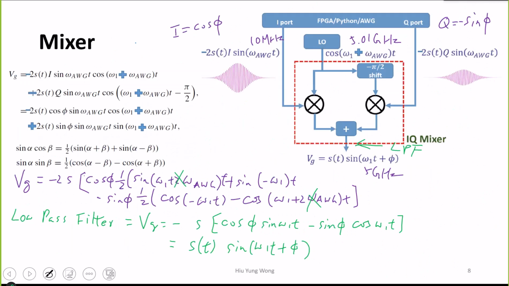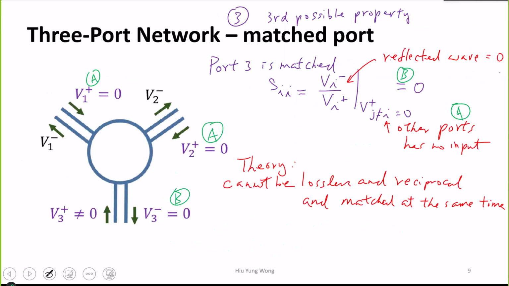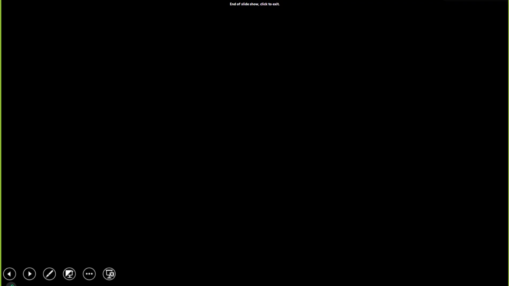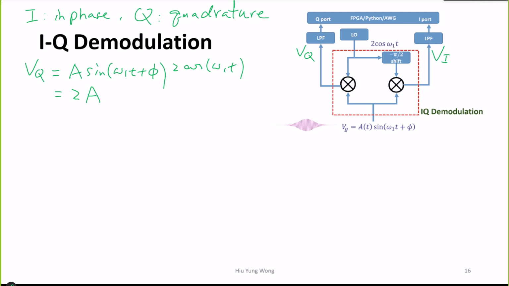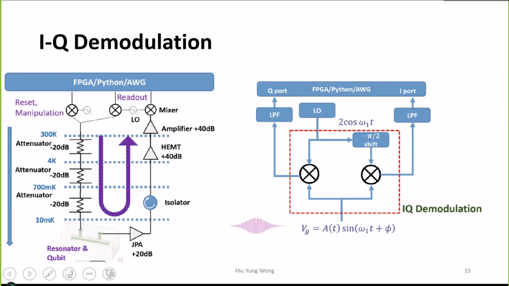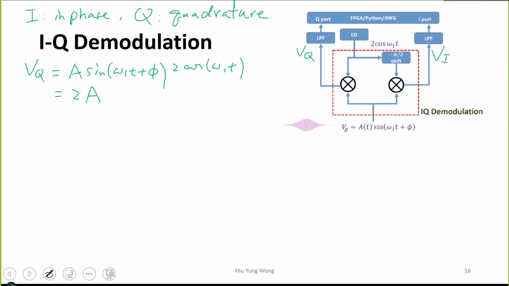Sine times cosine is half sine sum plus sine difference, right? Half sine sum. Sum is what? 2 omega 1t plus phi, plus sine difference. Difference this time is just sine phi, correct?